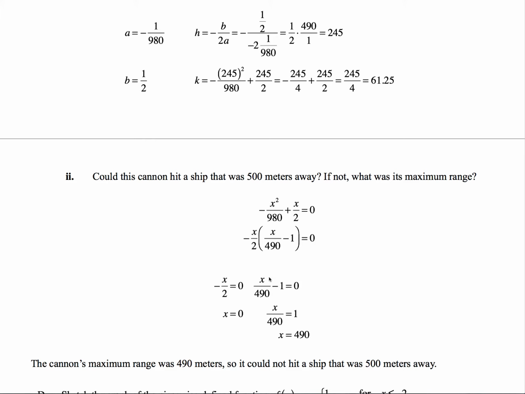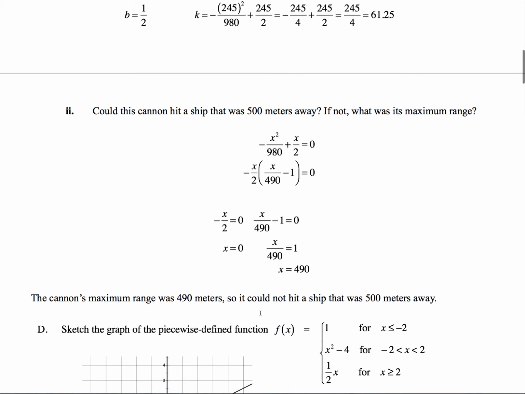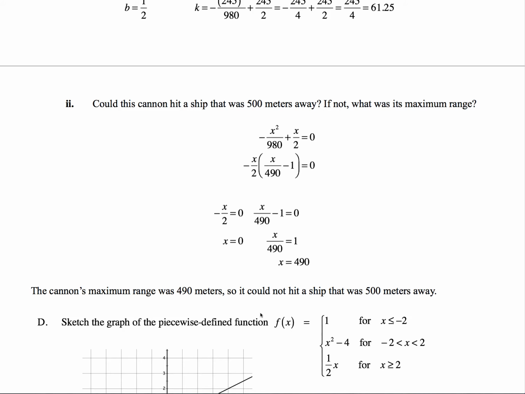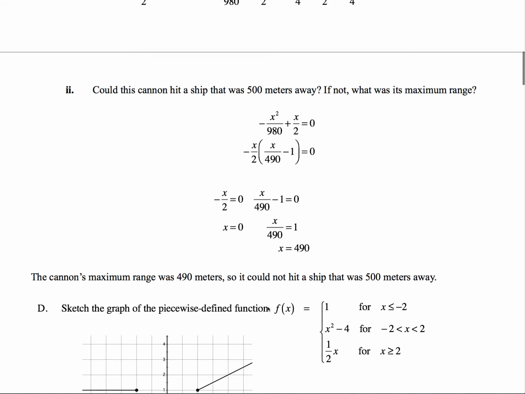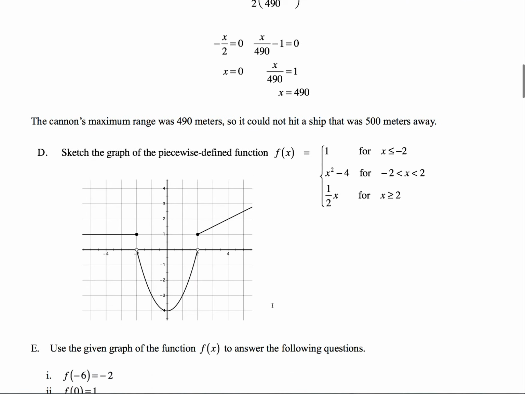And the second is x over 490 minus 1, this factor set equal to 0. Add 1 to both sides and multiply both sides by 490. So the cannon's maximum range was 490 meters, so it could not quite hit a ship that was 500 meters away. It would fall 10 meters short.